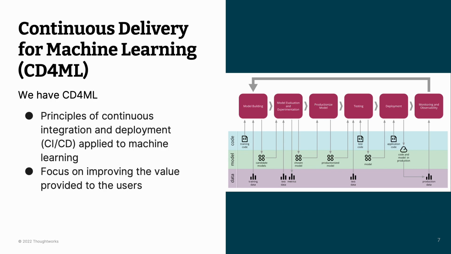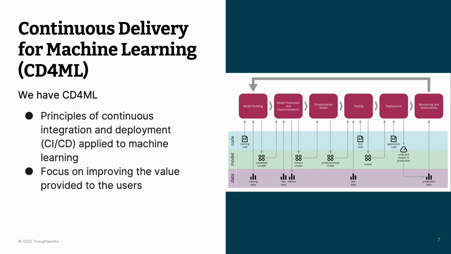Continuous delivery for machine learning, or CD4ML. This is a term that we use a lot at Thoughtworks. It's similar in some aspects to MLOps. It's about principles of continuous integration and deployment, but applied to machine learning.